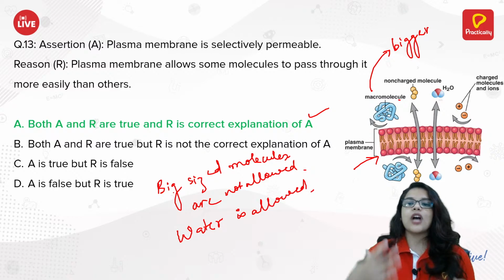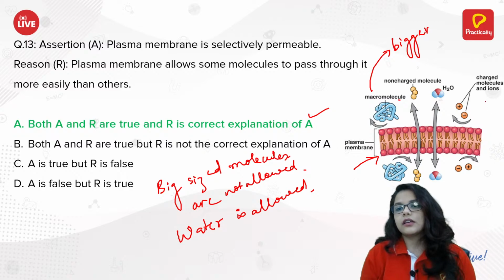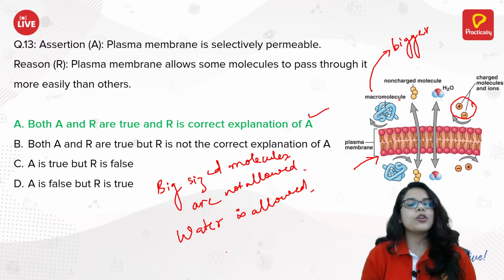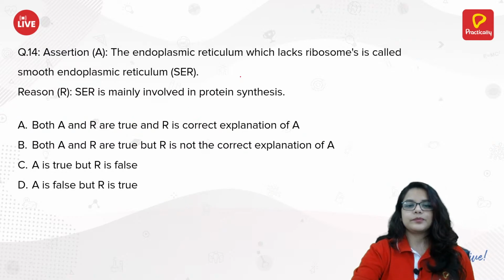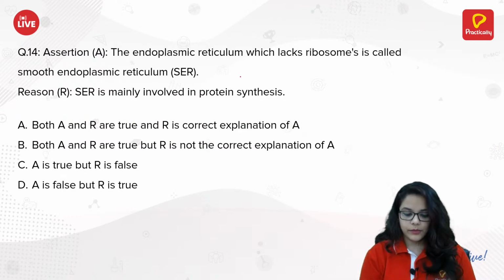And then charged molecules, as you can see, are not allowed. Plus, minus, whatever charge it is, they are not allowed. So some of them are allowed and some of them are not allowed. That is why both assertion and reasoning are true, and R is the correct explanation of the assertion. So A is correct. Next, let me check.